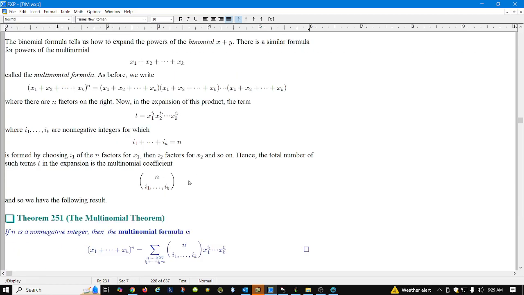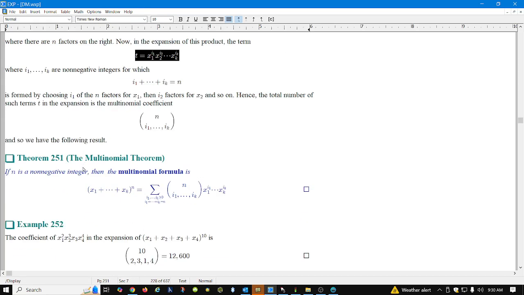These are formed by choosing i1 of the n factors and pulling out x1 from those factors. Then from i2 of the factors pull out x2, and so on. So the total number of terms of this form will be the multinomial coefficient.